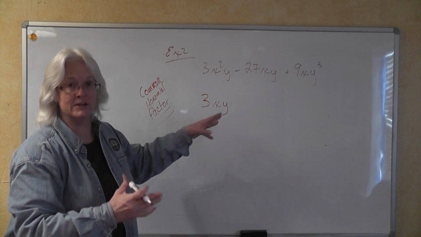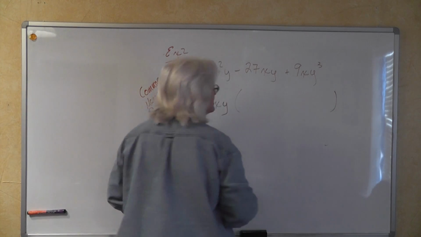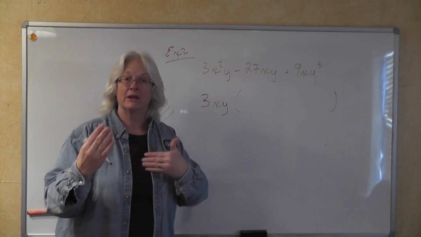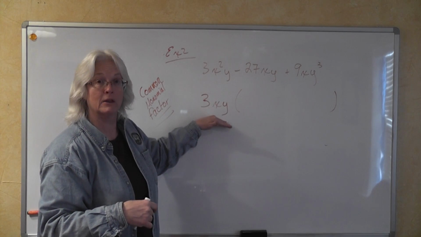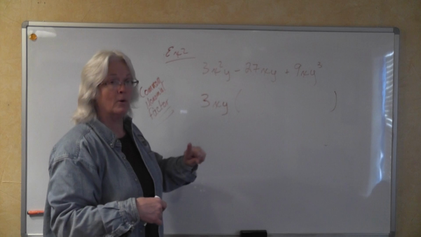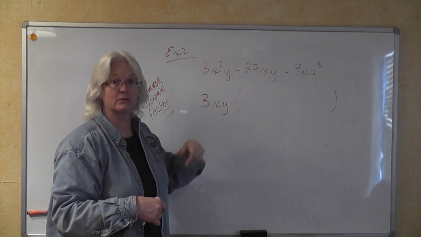We have 3xy as our factor. Everything that we have remaining is what goes inside these parentheses. Think of it two ways. Each term divided by the common monomial factor, or the common monomial factor times what will result in that term.